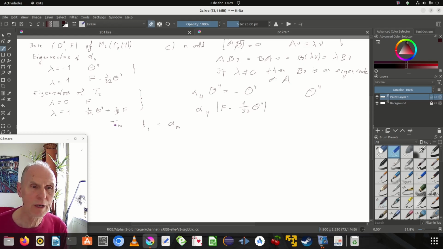I think I'll do that. And since n is odd, they are all non-zero, so it doesn't map onto naught.